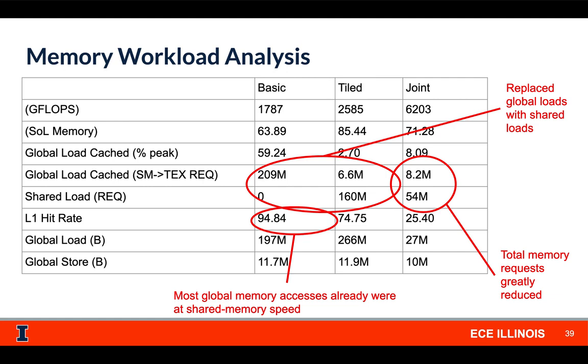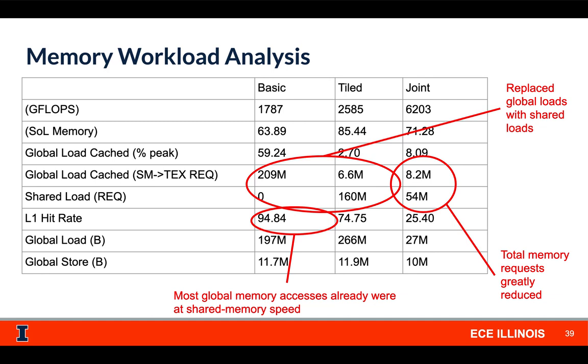We go from 0 shared memory, of course, in the basic matrix multiplication to 160 million in the tiled and 54 million in the joint. Now, the one thing I want to point out here is that because of the way the joint matrix multiplication is implemented, we capture some reuse out of the registers instead of out of the shared memory. The total number of memory requests in the joint matrix multiplication is much lower.